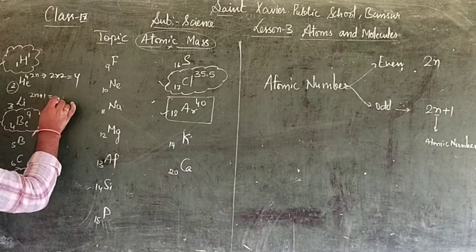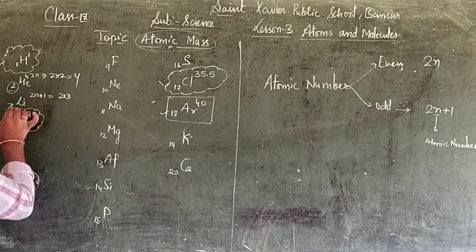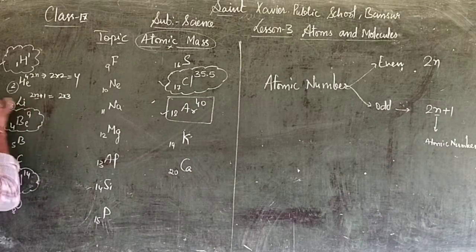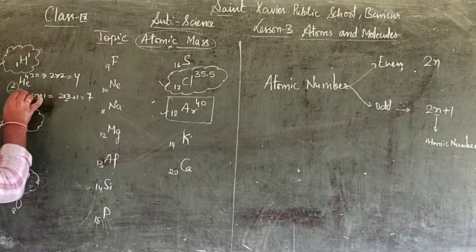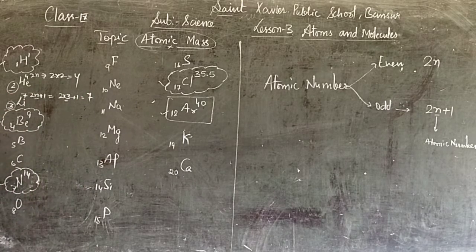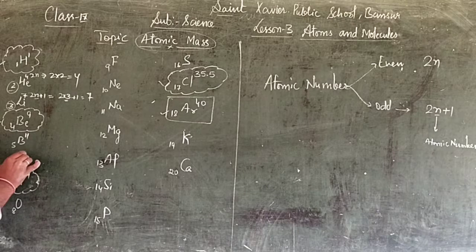So 2 multiply 3, at the place of n we keep the atomic number, plus 1 is equal to 7. Same in this: this is also odd, so 5 times 2 is 10 and 1, 11. For this, 6, this is even, 12.